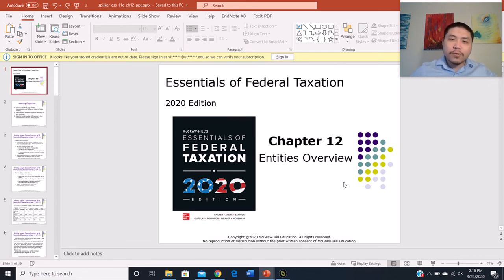And the goal is for you guys to know the basic overview of different types of entities. So maybe later on, when you go to work or somewhere, and a client asks you what kind of entity they should establish, you have some knowledge about which type of entity is going to fit best to your client's business, right?